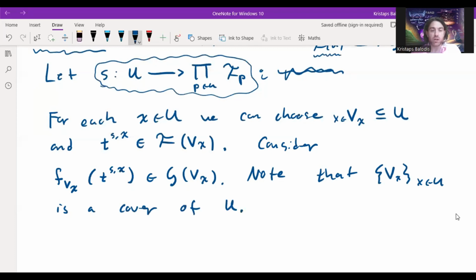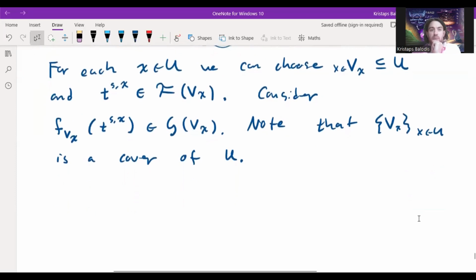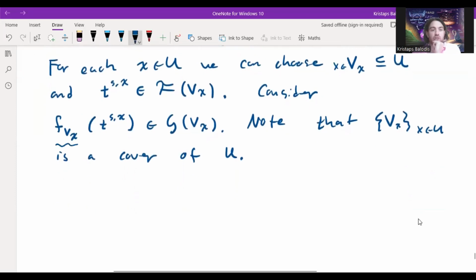of U, right? So if I could show that each of these images agree on all of the restrictions to the intersections, then I know that I can glue it together to some global element of G over U, right?